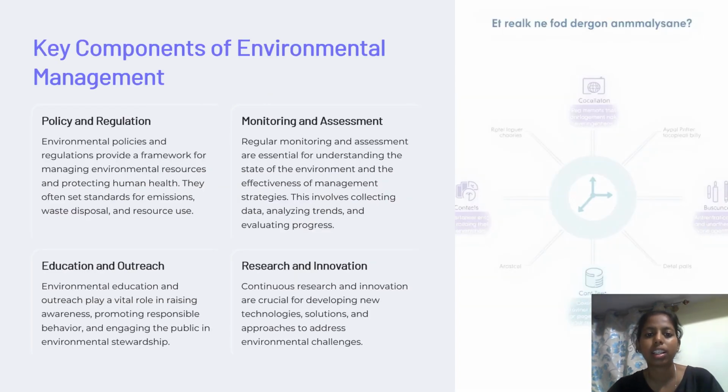Now let's see the key components of environmental management. There are four key components: policy and regulation, monitoring and assessment, the third is education and outreach, and the fourth is research and innovation. Now let's see one by one the key components. The first is policy and regulation.